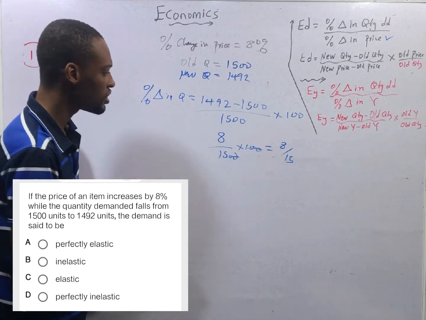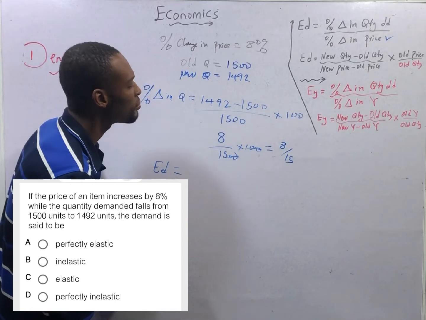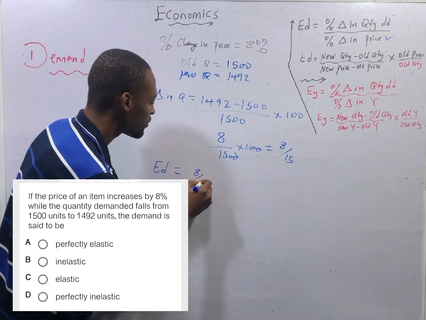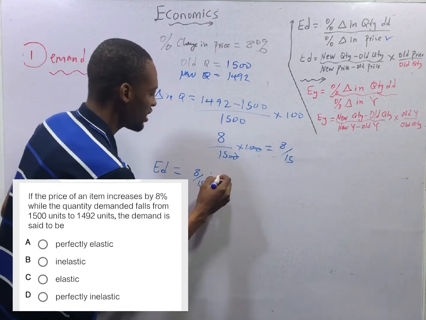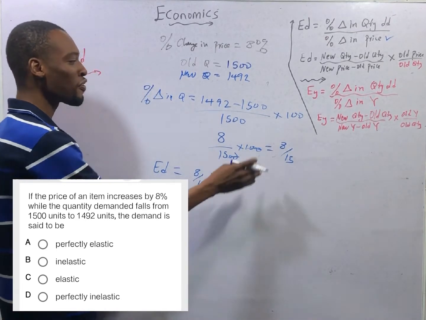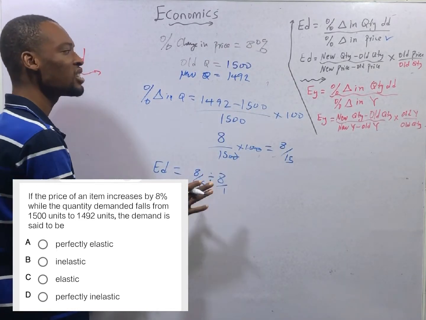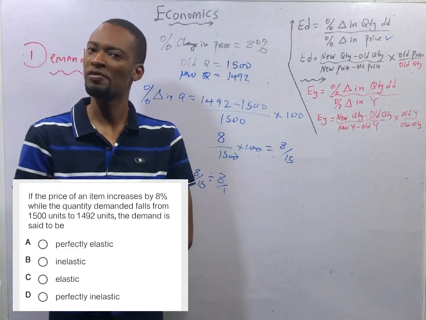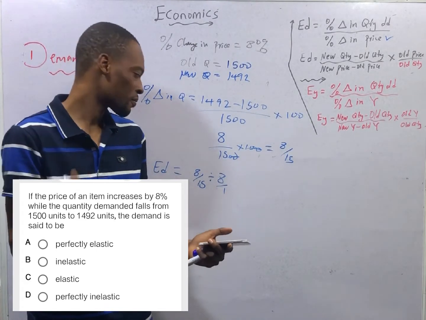Which means elasticity of demand is percentage change in quantity demanded, that is 8/15, divided by percentage change in price, that is 8%. This is something like 8/1. So from here, you can divide and get your answer directly. But I'm using a method that will be simple for you if you don't have calculator, especially in post-UTME.